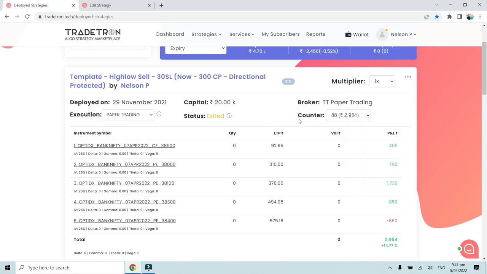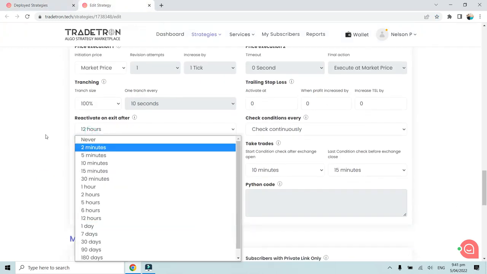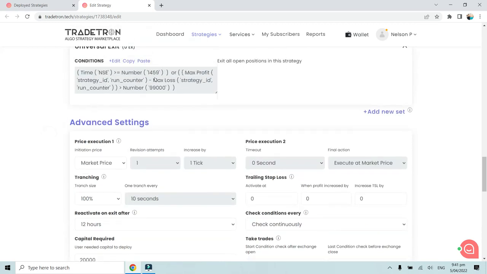So when we say a particular counter is complete, there can be just one counter during the day, or there can be multiple counters depending upon the number of times you are re-entering this strategy.